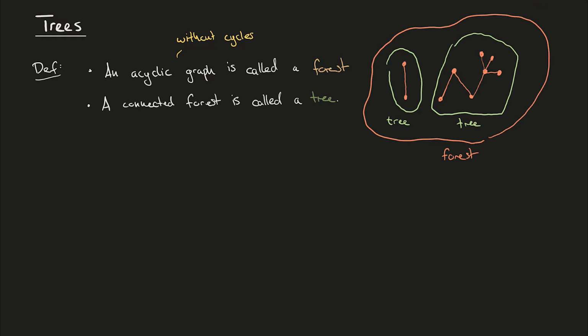Next, let's introduce some terminology for talking about parts of a tree, so we could call this tree anatomy. Let's draw a nice example of a tree. Okay, so for a given tree, we call the vertices of degree 1 its leaves.